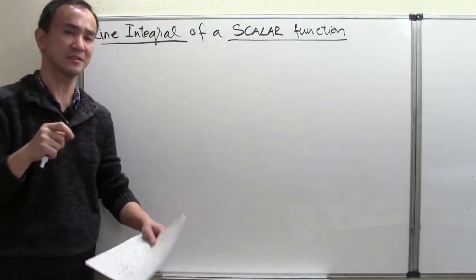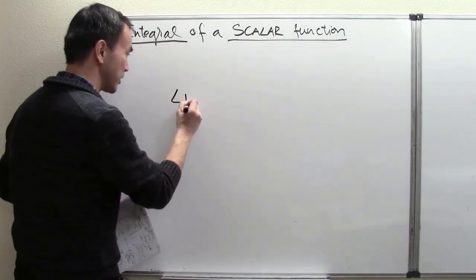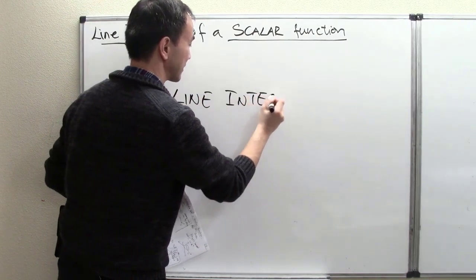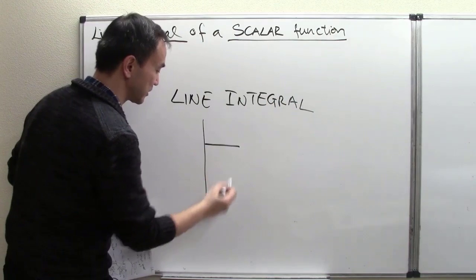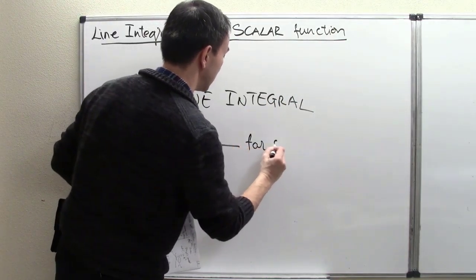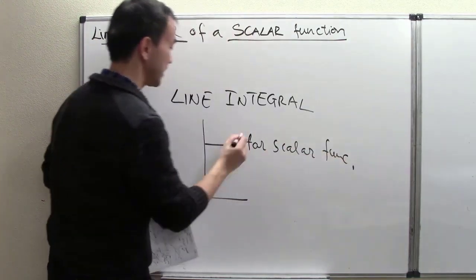As a journey waiting ahead for you, line integrals is the biggest picture. But then there are two major types here. There's a line integral for a scalar function, and that's what we're heading into right now.